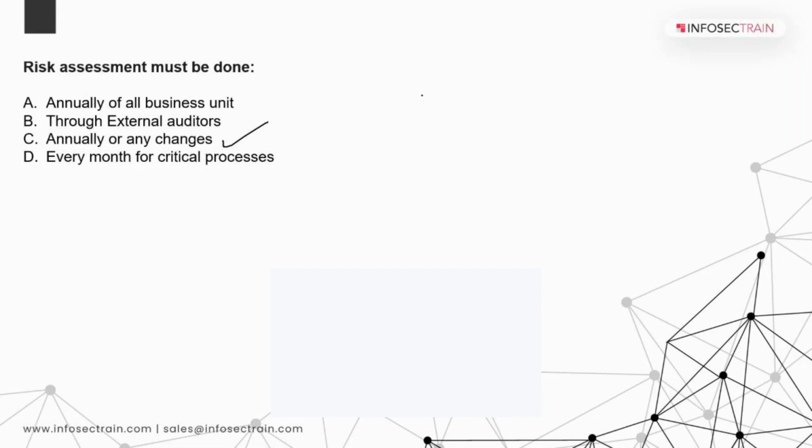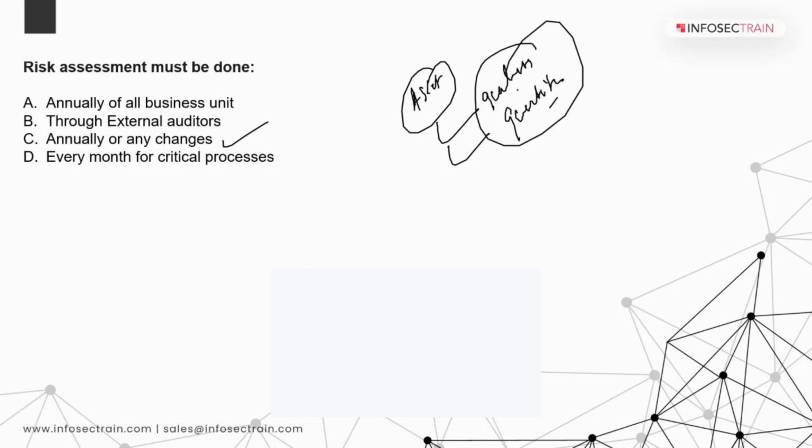So how do you do risk assessment? First you have to identify the asset. When you identify the asset, it has different terms to identify. You have an asset inventory, then you have to determine cost. The cost may be qualitative and maybe quantitative. How can you identify cost? You have to discuss with the asset owner, then you will get the exact value.